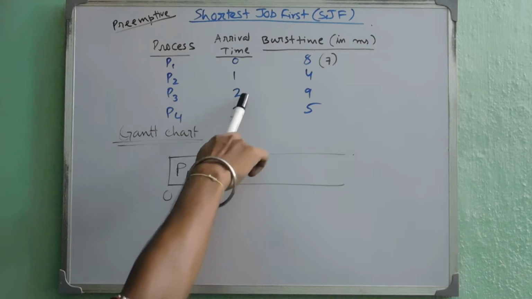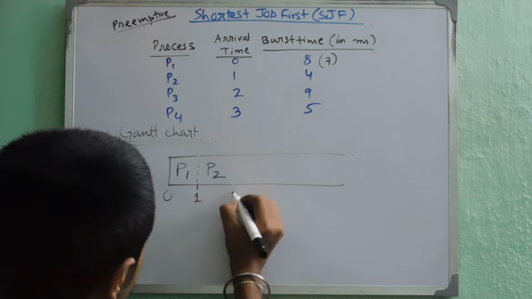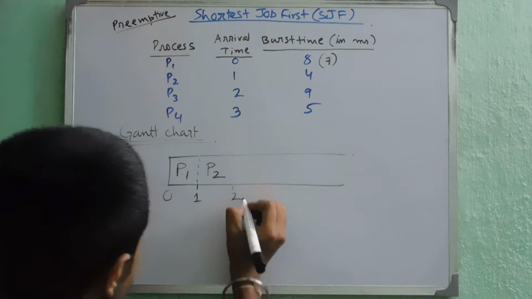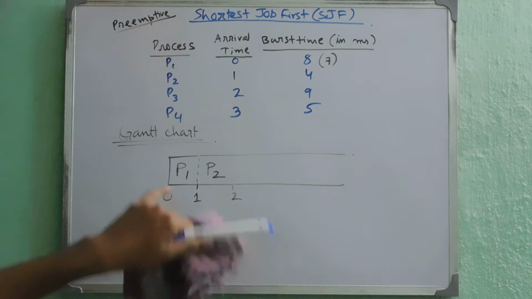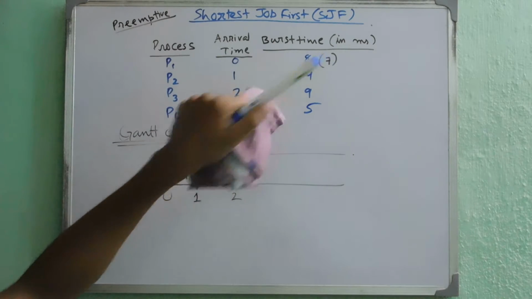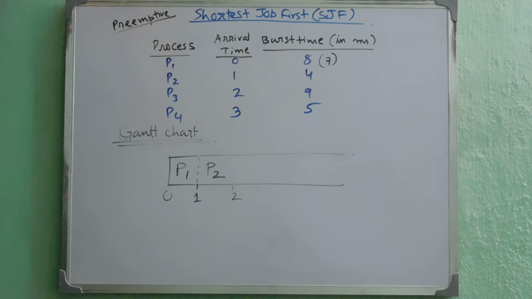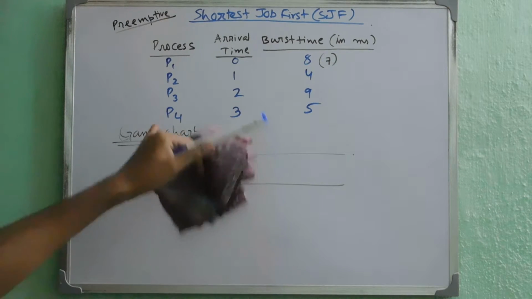Now at 2 milliseconds, P3 is coming up, and at that point P2 has 3 milliseconds left, but P3 has 9 milliseconds, which is much greater than that of P2. So we will allow P2 to continue, as it has less time remaining than P3.